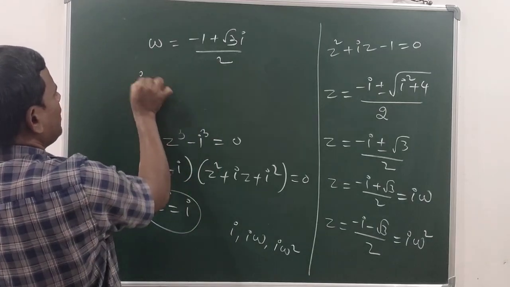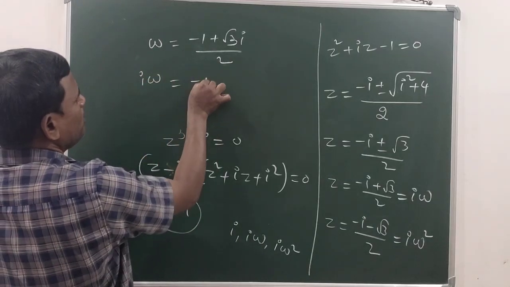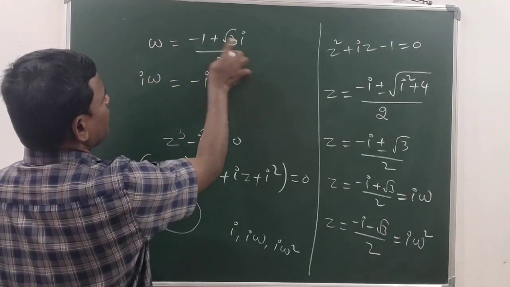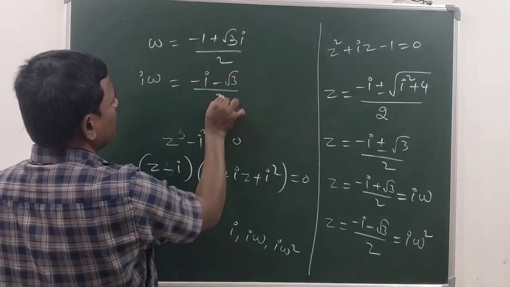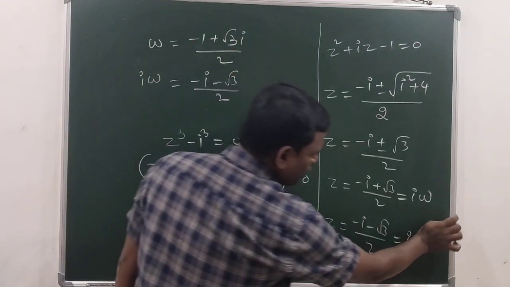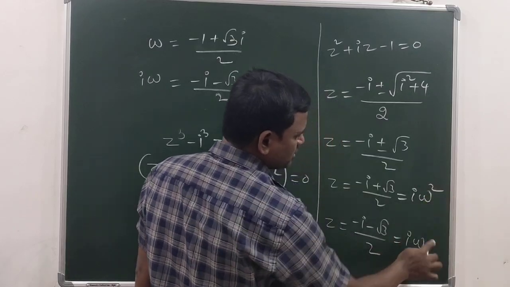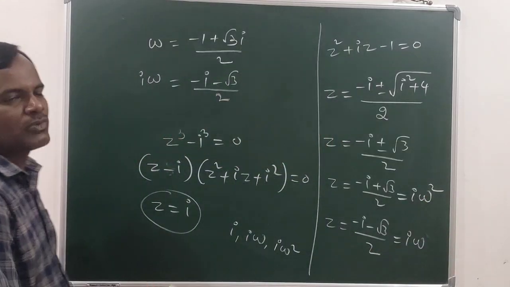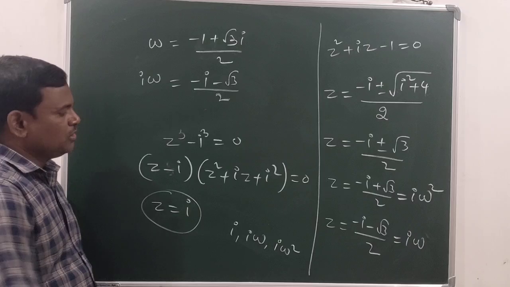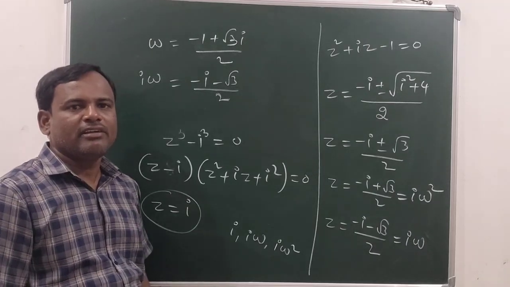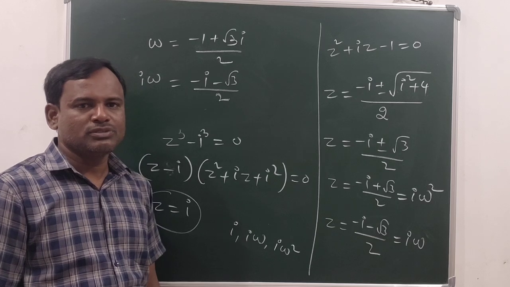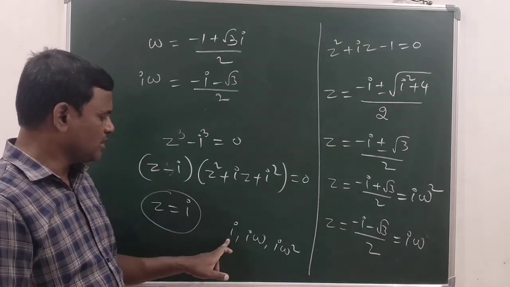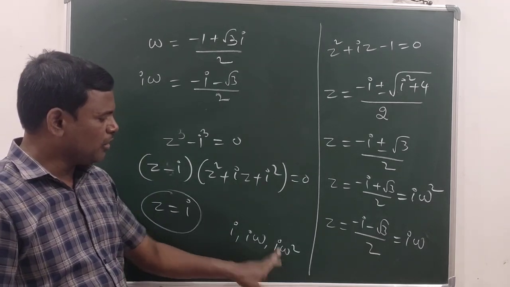Now multiply i with both sides, it is going to be i omega, and here if you multiply i with omega square, it is going to be (minus root 3 by 2) and so on. This is i omega and this is i omega square, sorry. So these are the required complex roots of the given equation: i, i omega and i omega square.